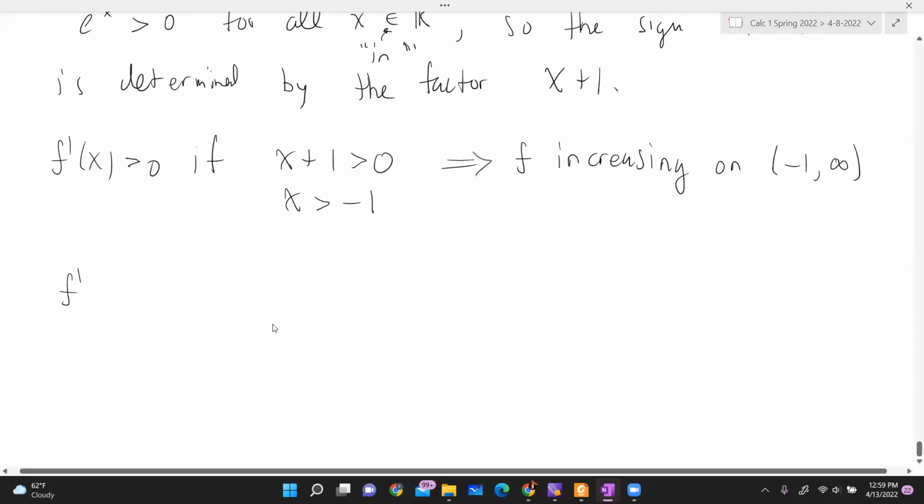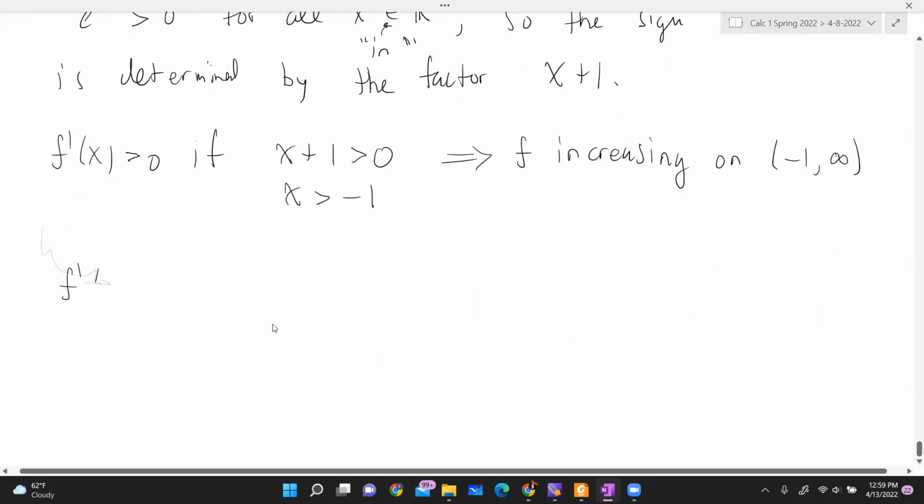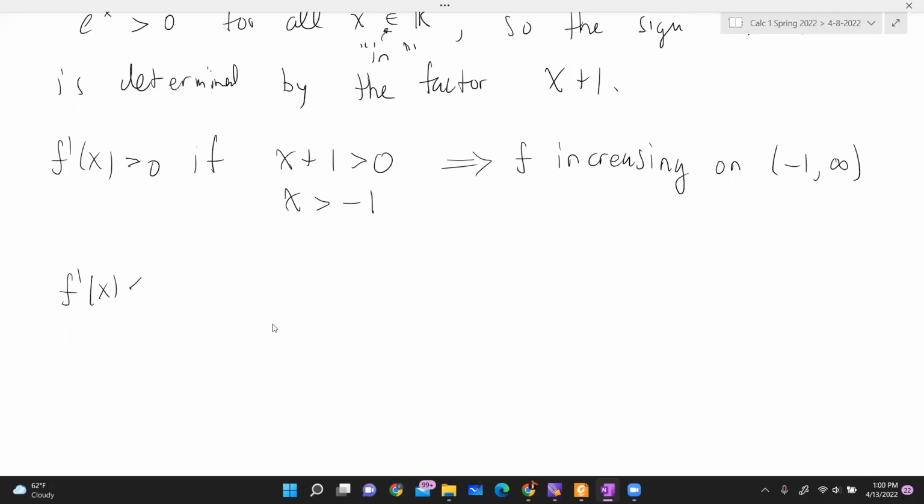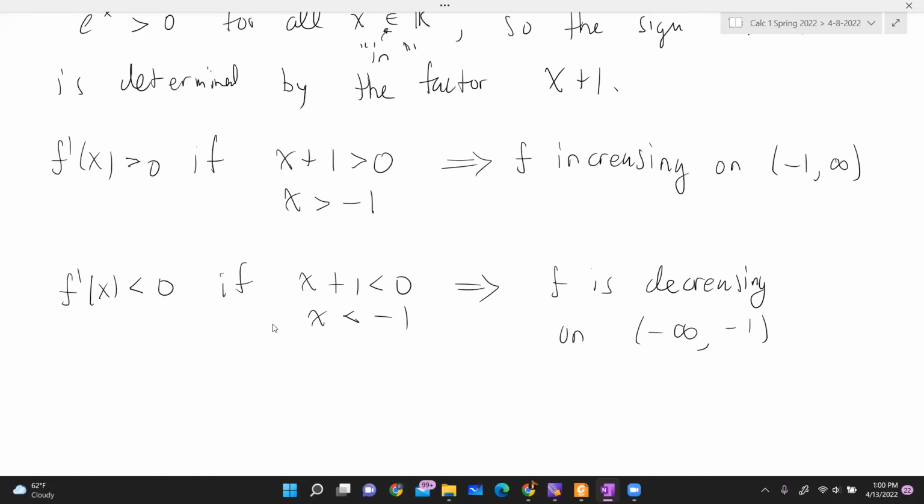And then the derivative is negative whenever x plus 1 is strictly less than 0, which is to say that x is strictly less than negative 1. So by the first derivative test, f is decreasing on the interval negative infinity to negative 1.